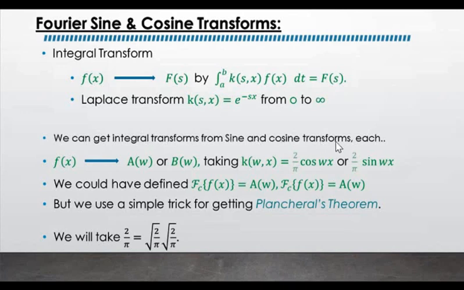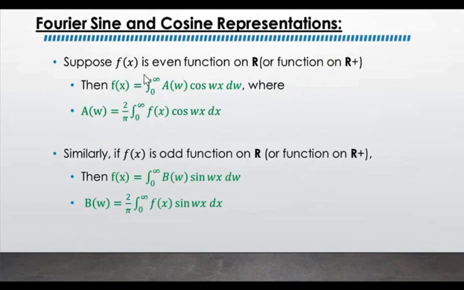We can get integral transforms from these sine and cosine representations. If you see the sine and cosine representations, you can see that f of x is represented as integral 0 to infinity a omega into cos omega x d omega, where a omega is obtained by multiplying this f of x with a function 2 by pi into cos omega x. So this 2 by pi I am taking along with this cos omega x.